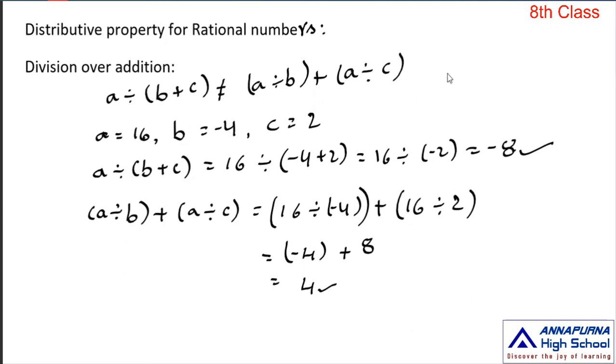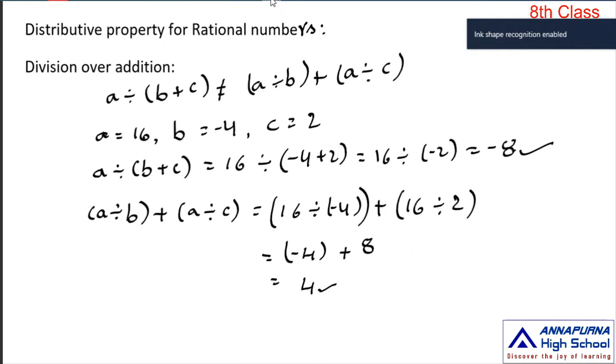That means not only for rational numbers, if you take any collection of numbers, the distributive property does not hold for division over addition. That means a divided by b plus c is not equal to a divided by b plus a divided by c.